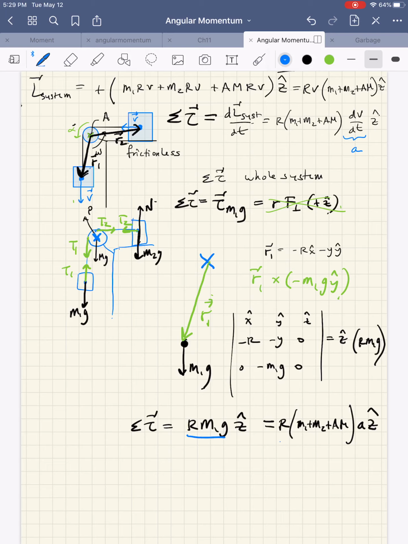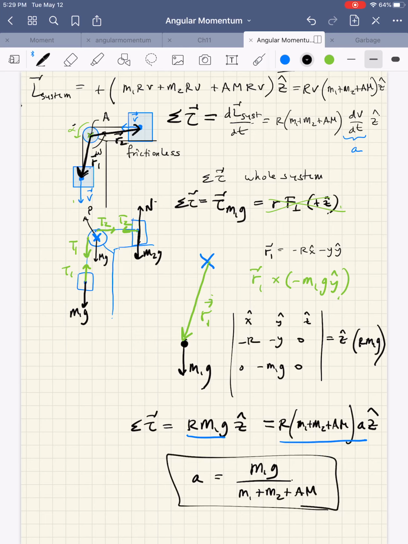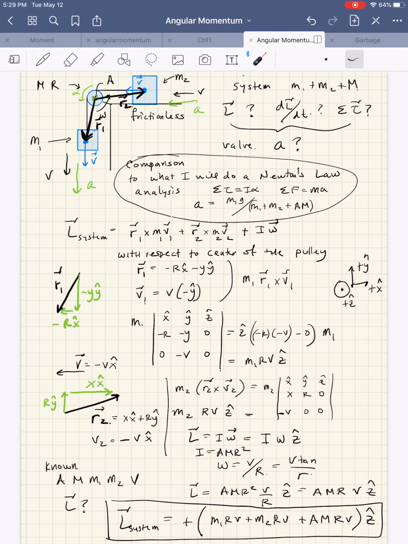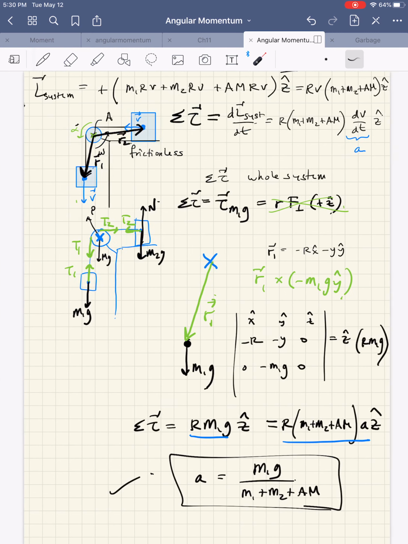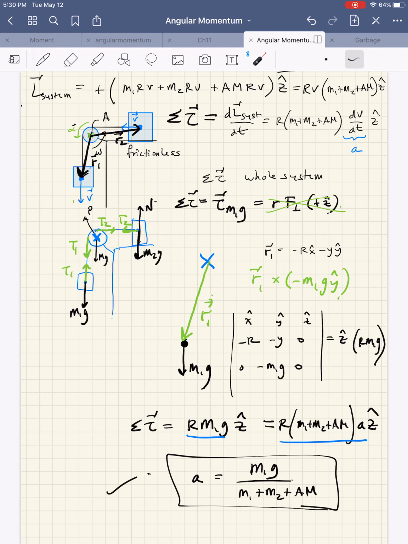And it's using these equations that I can now solve for A. A will be equal to, the R's will cancel, as postulated earlier, something that I could have found with a Newton's law analysis. So let's just verify that again. Yep, here it is. So you can also do the Newton's law analysis. We were very close to doing it anyhow, because we did all the free body diagrams and everything to verify that that A is the same.